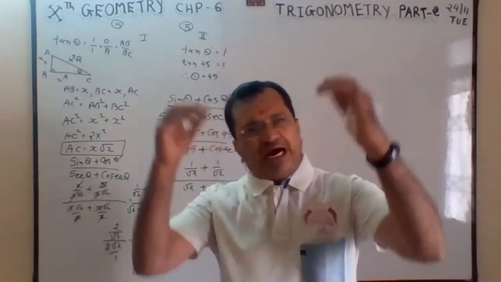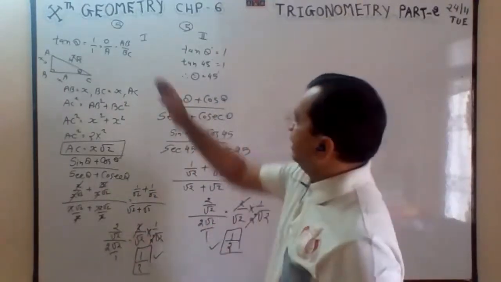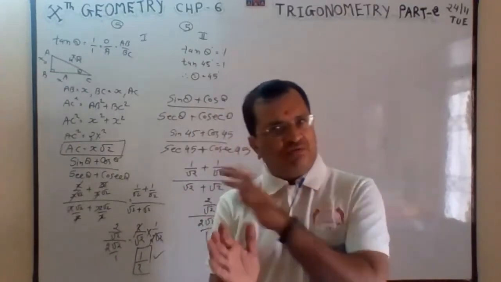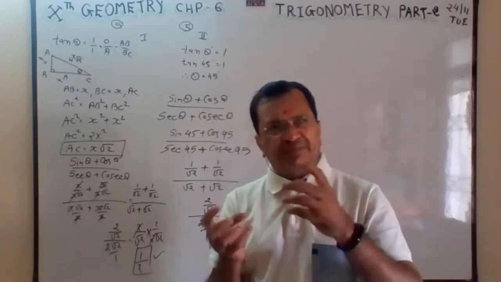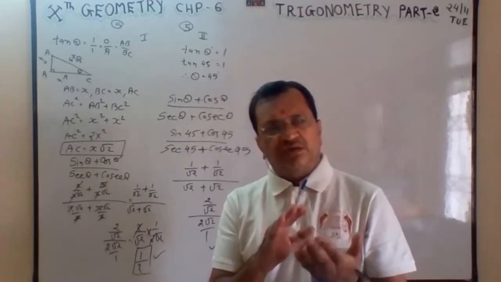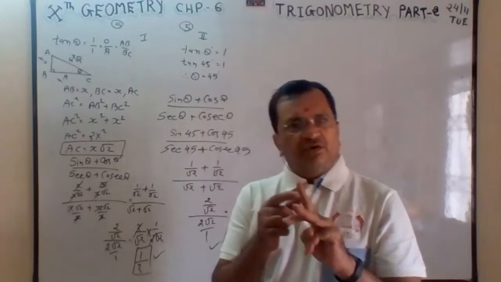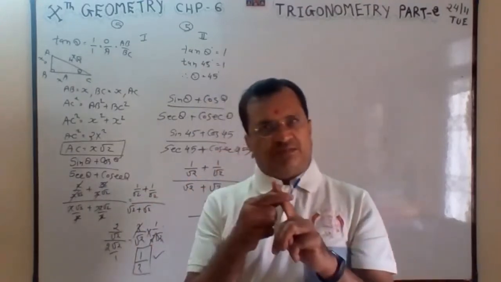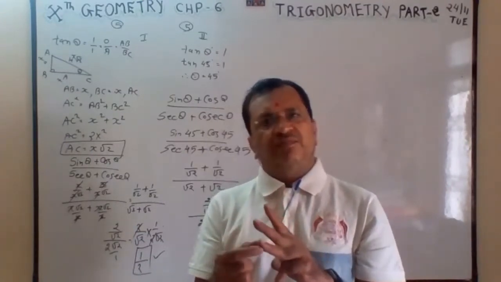In this type, out of the 6 ratios, any one ratio will be given, direct or indirect. Here it is indirectly given, and in the previous one also it is indirectly given. So part 1, 5 sums I have done now. In that way, they will change the numbers, the triplet. They will give 1 ratio and ask for 2 ratios. 3 marks: 1 ratio given, from that you find the third side, so 1 mark, and 2 more questions, 1 mark each.